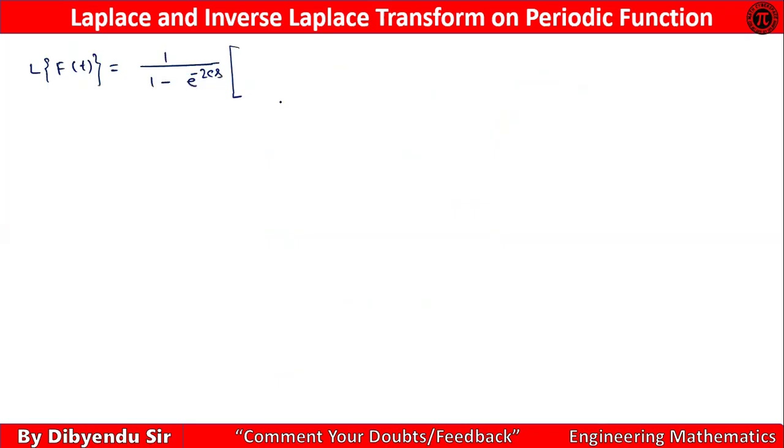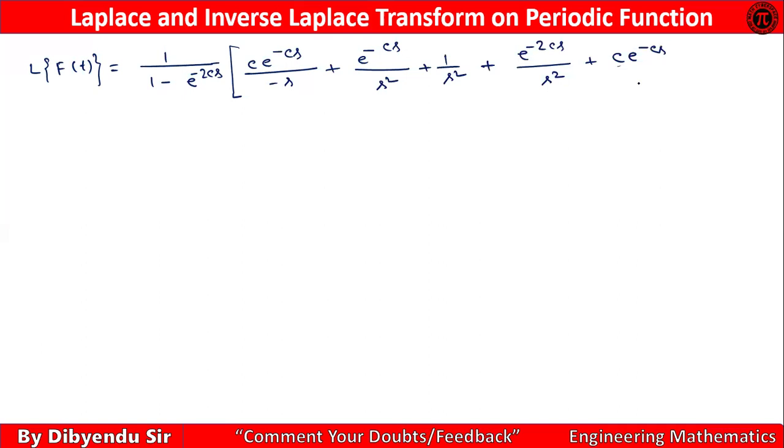So you are getting c e to the power minus cs divided by minus s plus e to the power minus cs divided by s square plus 1 by s square. This is for the first integration, plus the second integration, e to the power minus 2cs divided by s square plus c e to the power minus cs divided by s minus e to the power minus cs divided by s square.